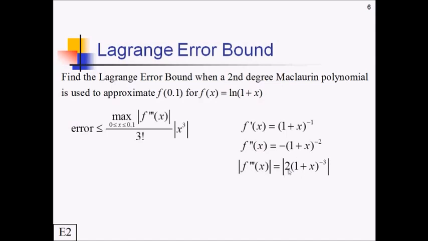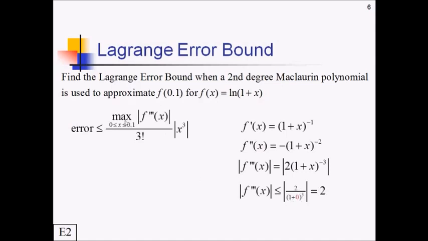I need to figure out what's the biggest value this thing could take on the interval from 0 to 0.1. Well, this is really 2 over 1 plus x to the third. If I want to make a fraction as big as possible, I need to make the denominator as small as possible. The smallest number that I can plug in here is going to be 0. So if I make this 2 over 1 plus 0 cubed, that's going to be the biggest possible value on this interval. So this is really just 2 over 1, or just 2.